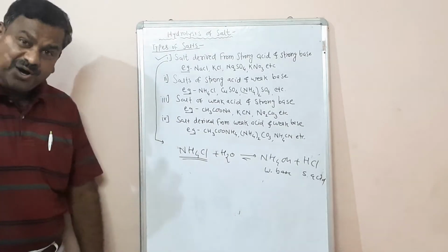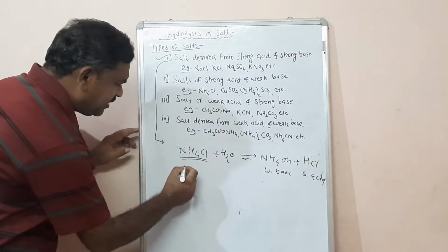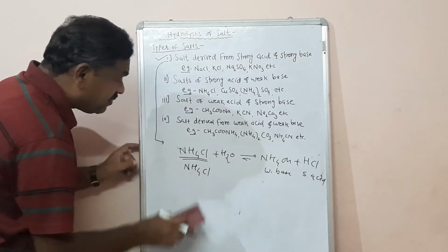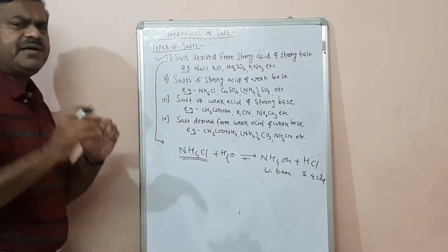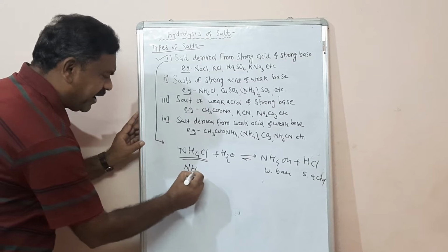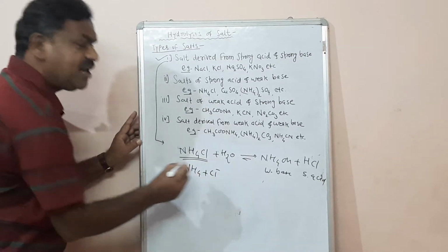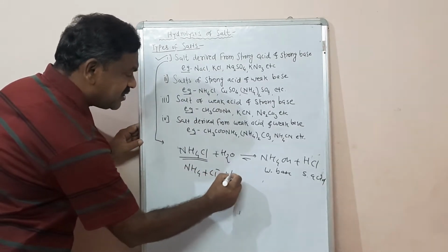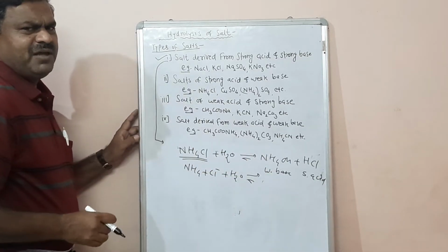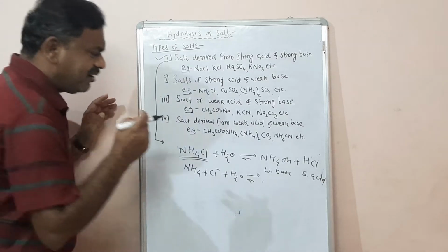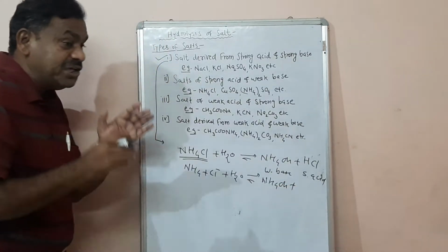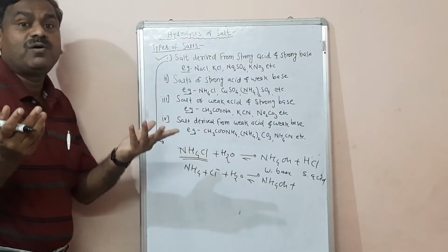According to the ionic theory, ammonium chloride is a strong electrolyte, so it dissociates completely into NH4 plus and Cl minus ions. Then, with H2O, since the weak base is only partially dissociated, ammonium hydroxide is kept as it is.